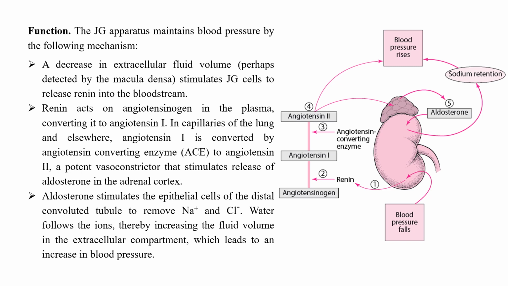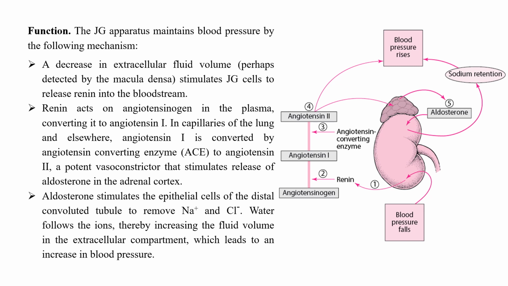Once sodium and chloride ions are removed, the water follows the ions, right? So once you remove the sodium and chloride ions, what happens to the water? The water follows the ions, thereby increasing the fluid volume in the extracellular compartment, which leads to increased blood pressure.